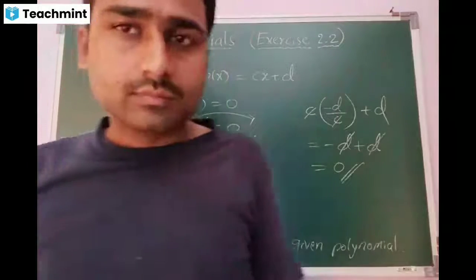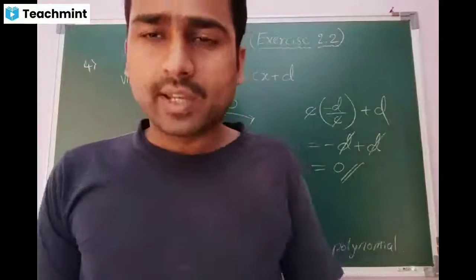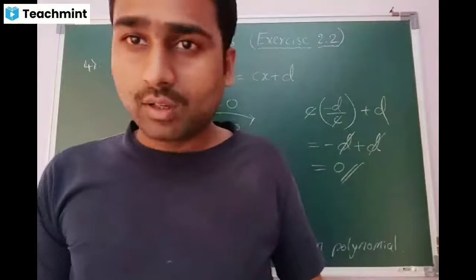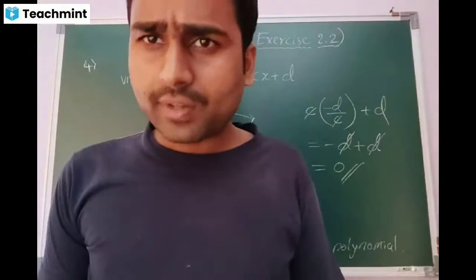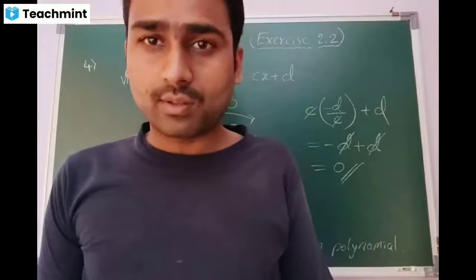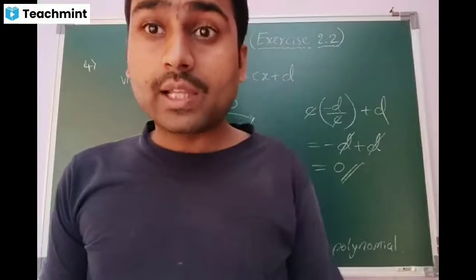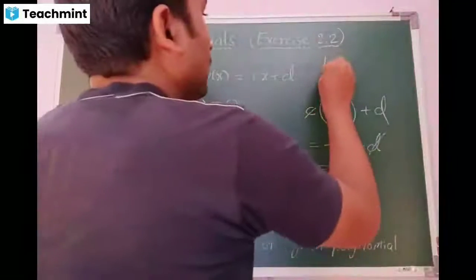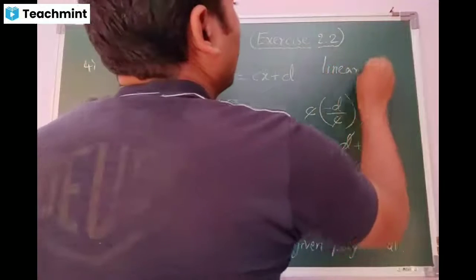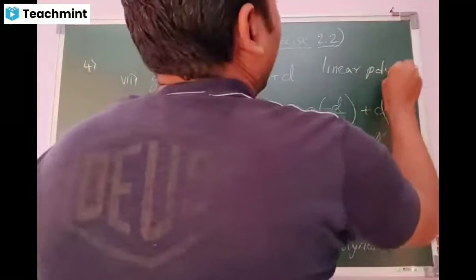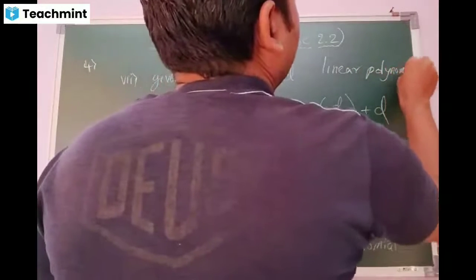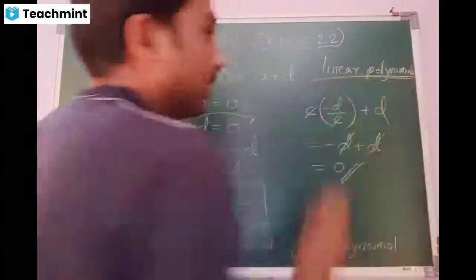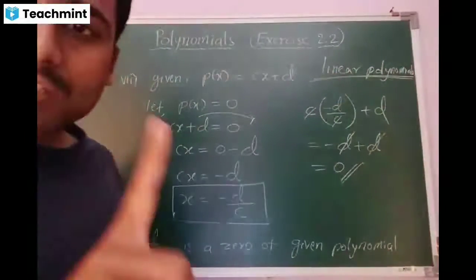So, beta, one important thing here you need to focus on. Look at all the expressions, all the 7 sub questions. All are linear polynomials. It means the degree is 1.